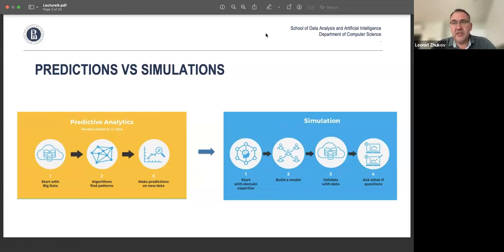And then you try to simulate the results. You then verify the results you are obtaining against the data that you are observing. And then you can actually play all kinds of what-if scenarios by changing parameters of your model. So here, the model is really physically based, is based on first knowledge of the processes. All right, so these are very, very different approaches.